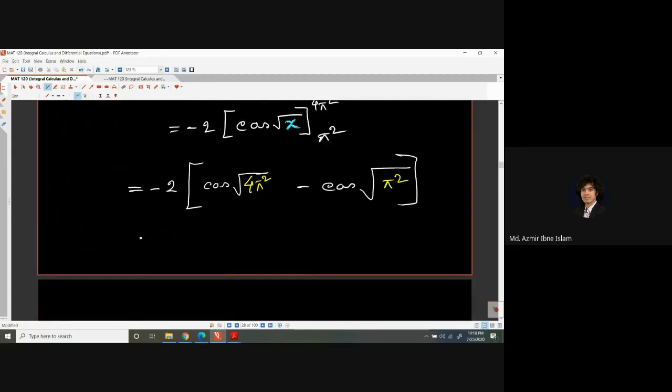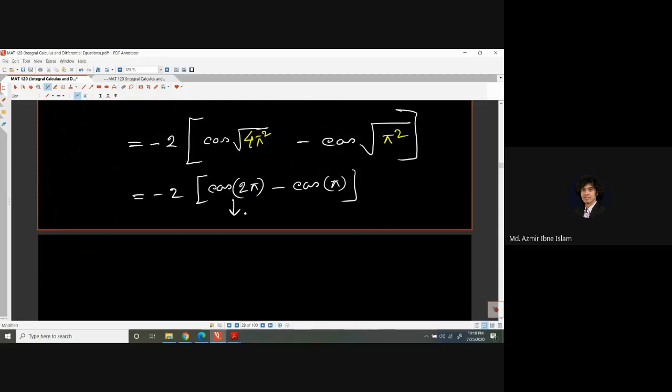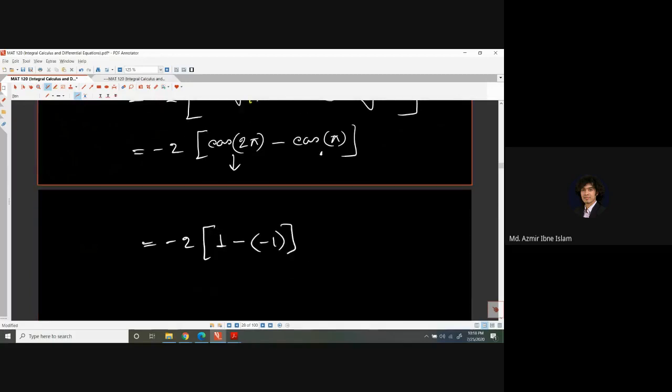So finally we can write negative 2 times cosine of root over 4 pi squared, which is 2 pi, minus cosine of root over pi squared, which is pi. Cosine 2 pi, that is cosine 360 degrees, is positive 1, and cosine pi, that is cosine 180 degrees, is negative 1. So we have found these two values.